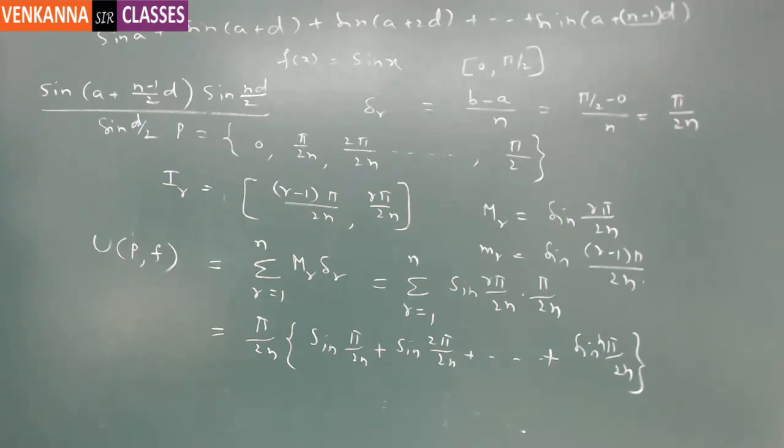So here D is nothing but pi by 2n. A is nothing but the first term, sin pi by 2n. After noting, please tell me, I am going to substitute the values there by erasing this part. Any more questions with regard to the calculation of UPF so far? Fine. So after noting, please tell me and I will go with the substitution in the formula.